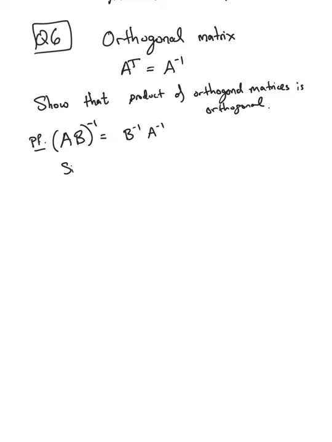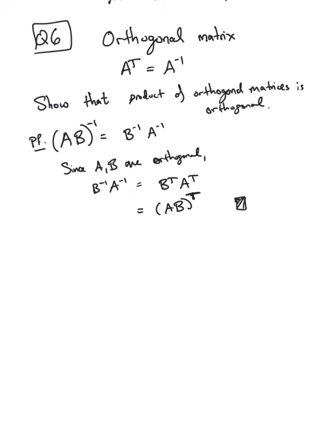Since A and B are orthogonal, B inverse A inverse is equal to B transpose times A transpose. And then by the product rule for transpose, this is (AB) transpose. Okay, so that's why, and this is just what we want to show for AB being an orthogonal matrix.